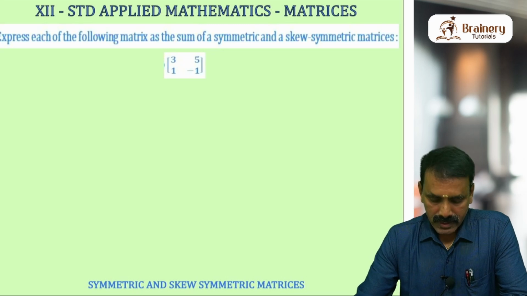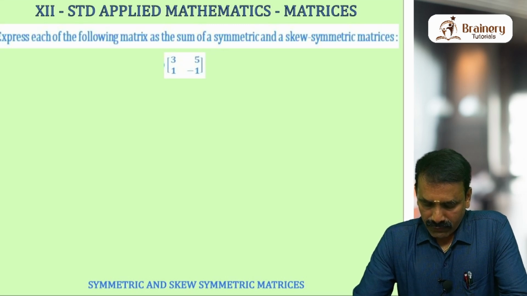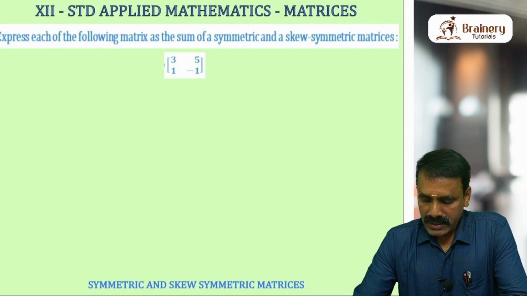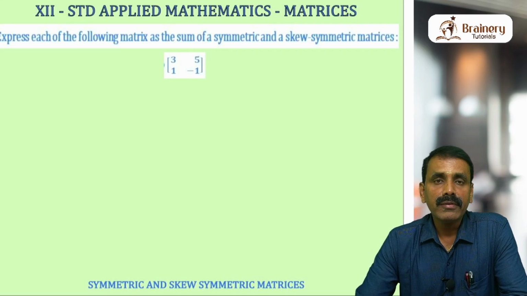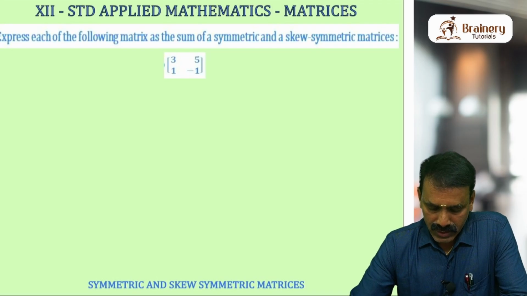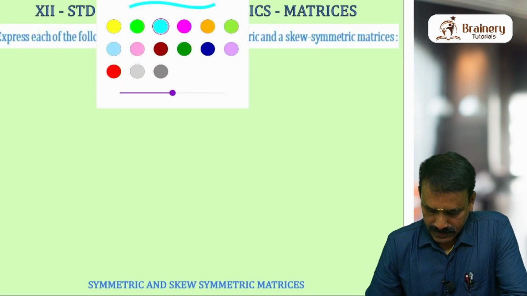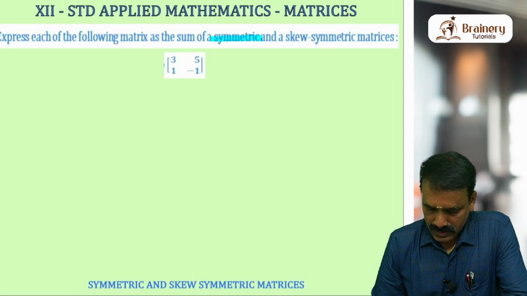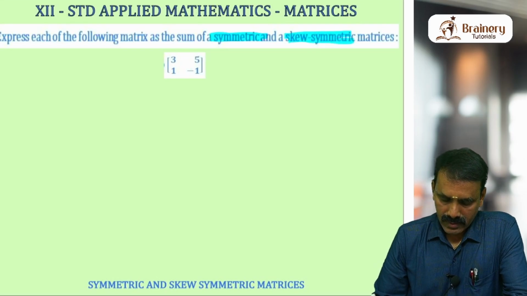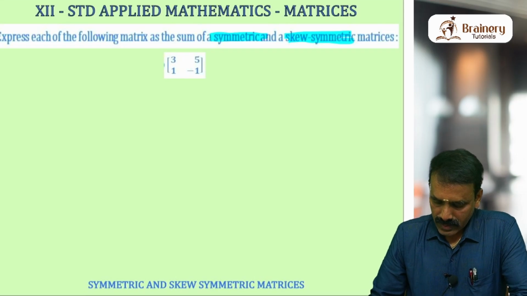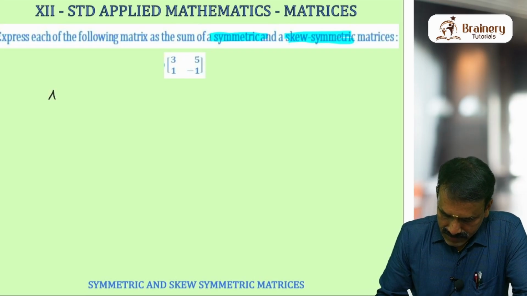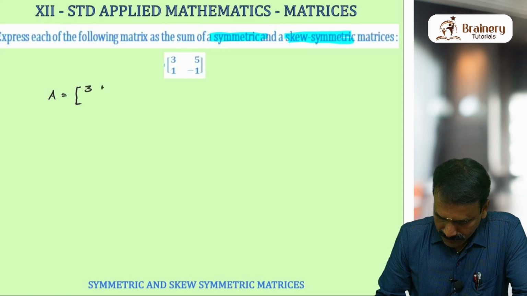Now consider this problem. Express the following matrix as the sum of a symmetric and a skew symmetric matrix. So we take the given matrix as A. A is equal to 3, 5, 1, minus 1.